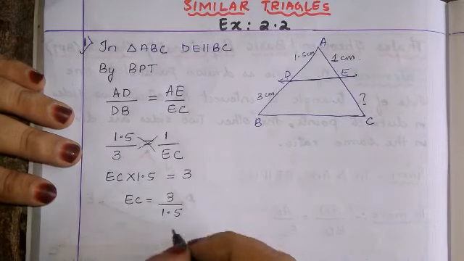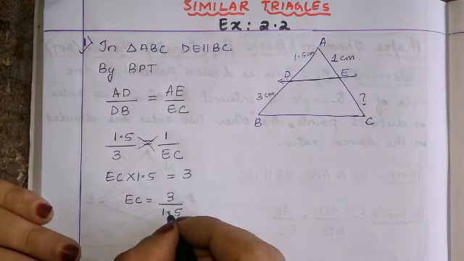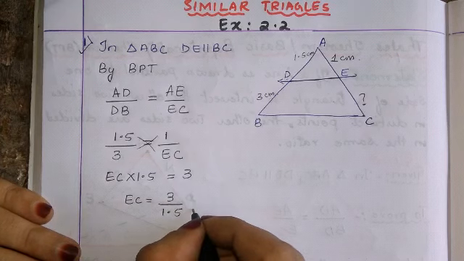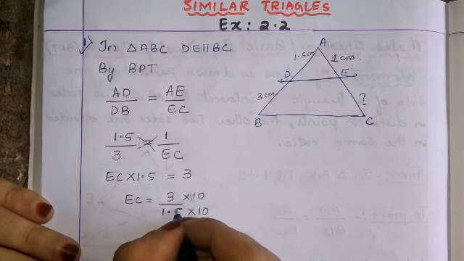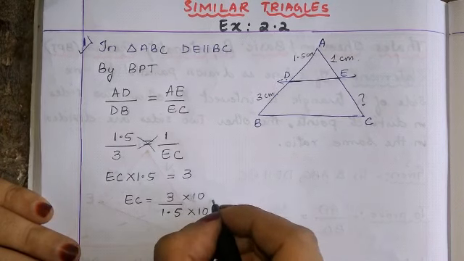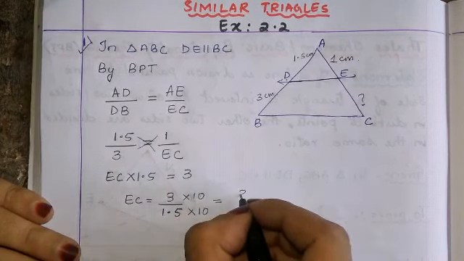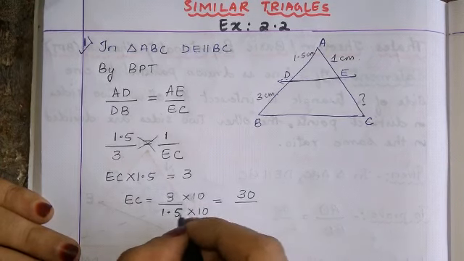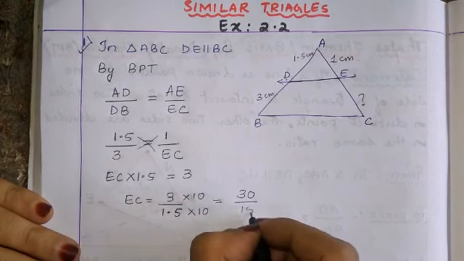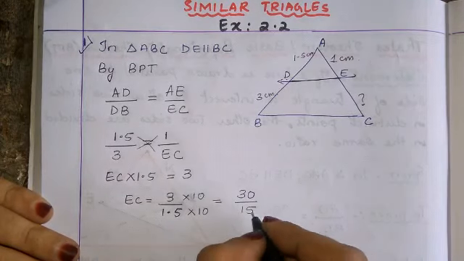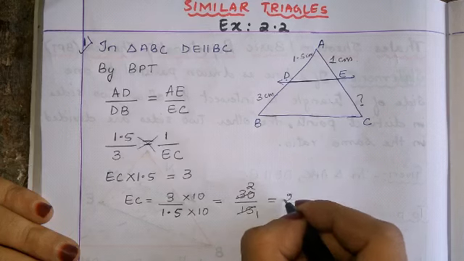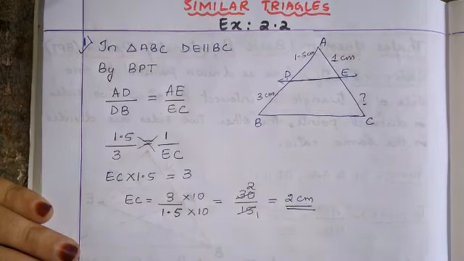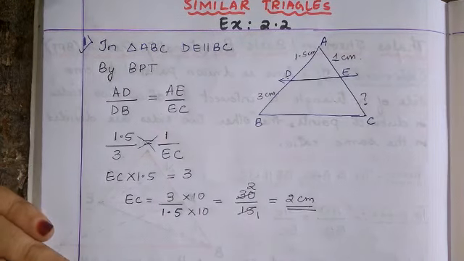After one digit there is a decimal, so multiply by 10 on both sides. 3 tens are 30, and 1.5 becomes 15. So 15 ones are 15, 15 twos are 30. So the value of EC is 2 centimeter.